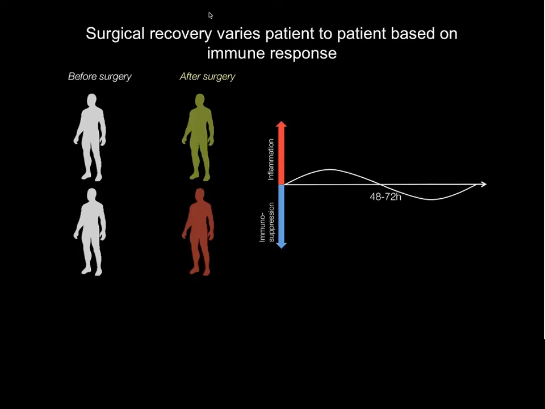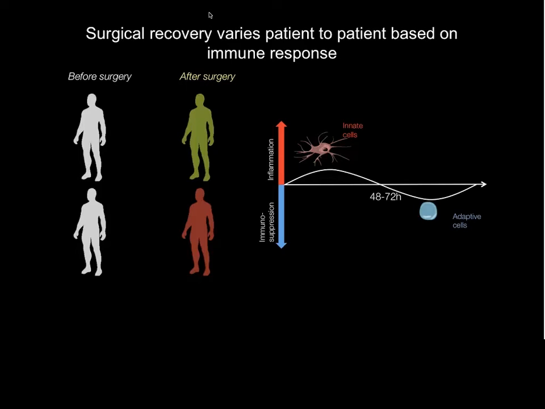However, we do know that a successful surgical response is dependent on a successful immune response. How the body responds to surgical intervention is that there's a wave of inflammation immediately following the surgery to respond to the wound, largely governed by your innate immune cells. But then that inflammation is reined in and tempered in a wave of immunosuppression, largely governed by your adaptive immune cells, in order to mitigate damage from the inflammatory response itself.